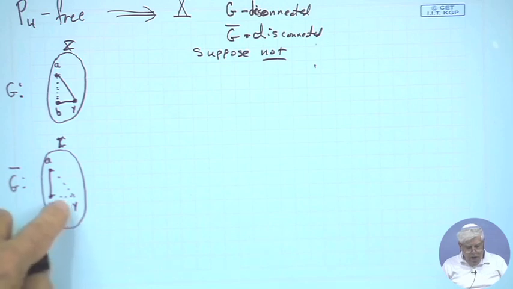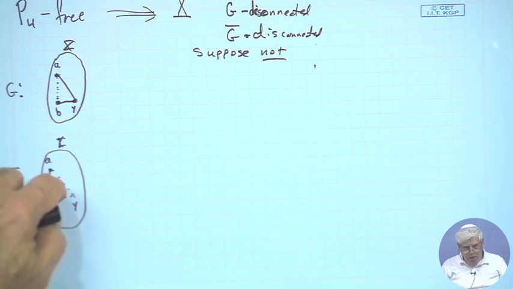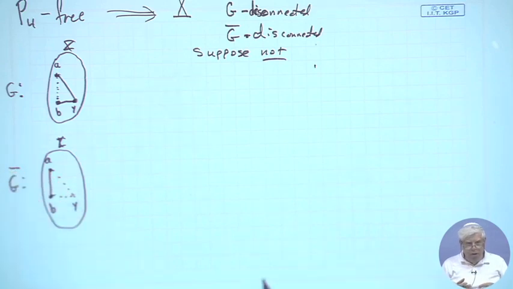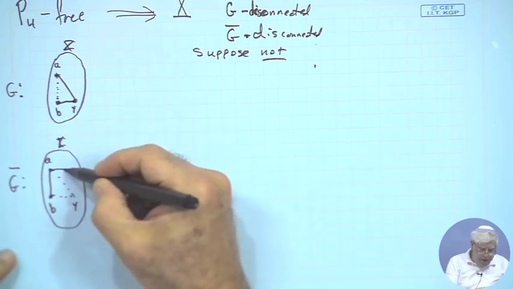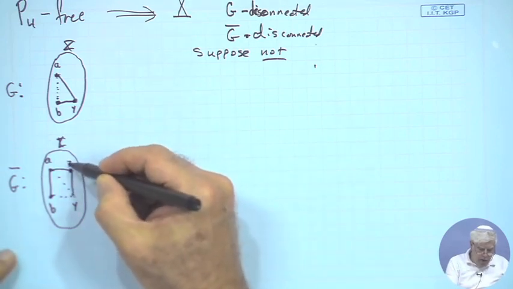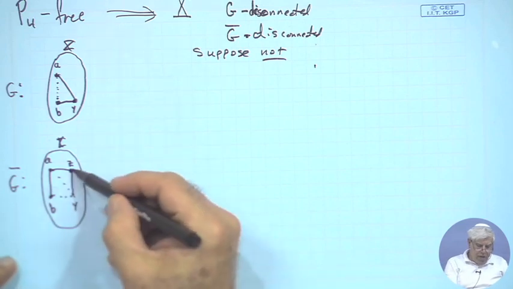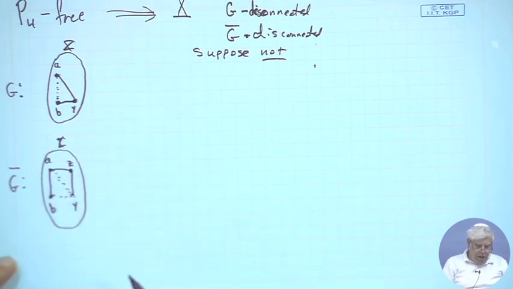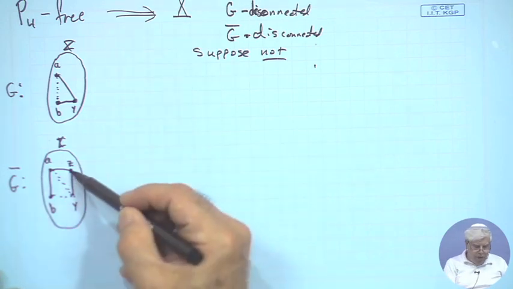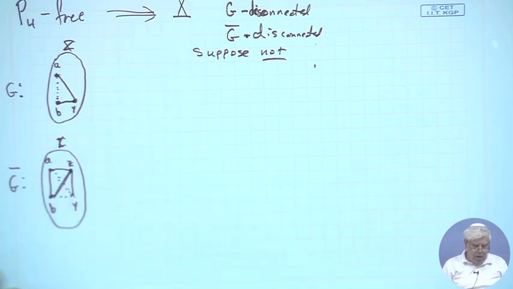Again, if I were to go from A to Y with a hop, hop, hop, I would find a P4 here. The complement of a P4 is a P4. So I must have a Z that sees both A and Y. So I have this, this, and this edge. What's happening between B and Z? Well, if it's a non-edge, I have a P4. So it must be connected.